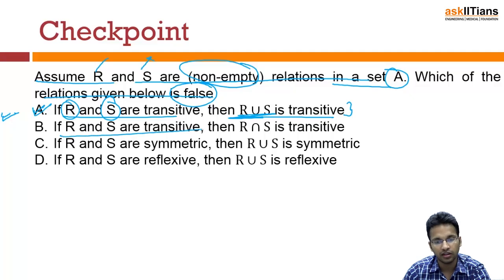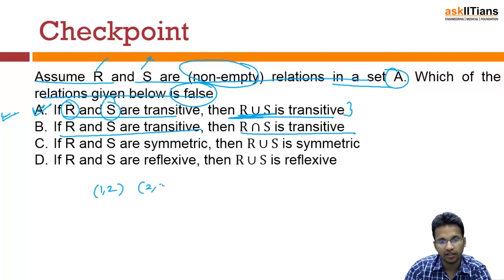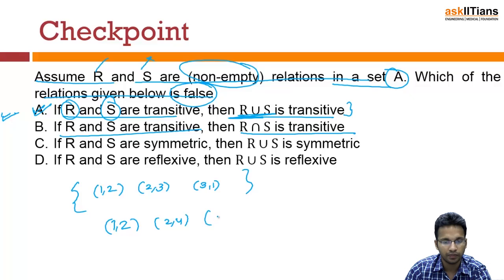Now if S and R are transitive, their intersection, now this may not be true. Why? Because the setting can be such that you can take an example, now this is transitive here, right? But there you can have 1, 2, 2, 4, and maybe 4, 1, and then you can have a different set of pairs 2, 3, 3, 1, or maybe this 3 you take as 5, then 2, 5.